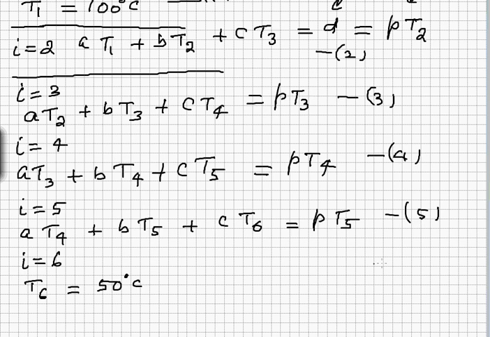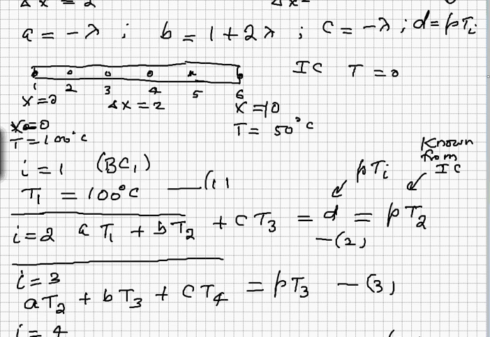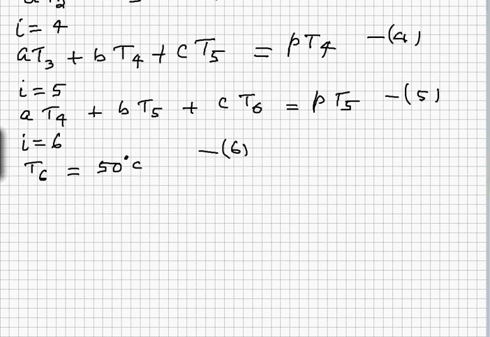So we have 6 nodes in the problem for which we were trying to find the temperature values, and we got 6 equations. So it's a 6 equation, 6 unknown problem. Although the 2 extreme boundaries are already known, the way in which we formulated it is 6 equations, 6 unknowns, and we should be able to solve it as a linear algebraic equation problem.